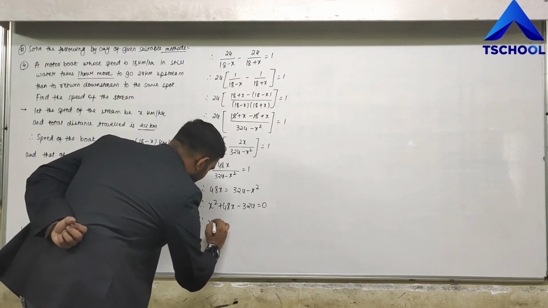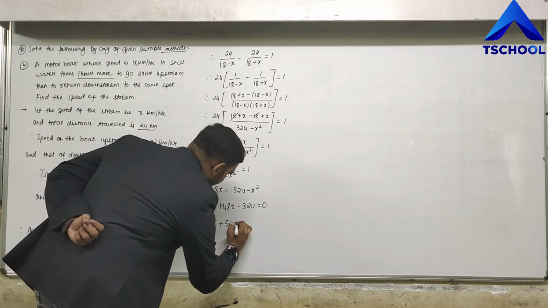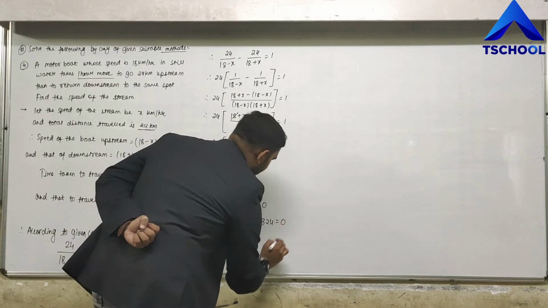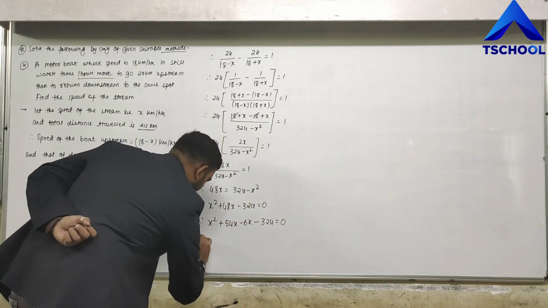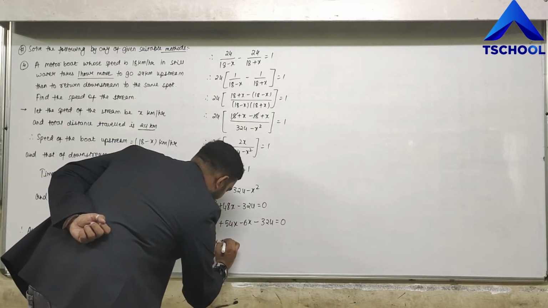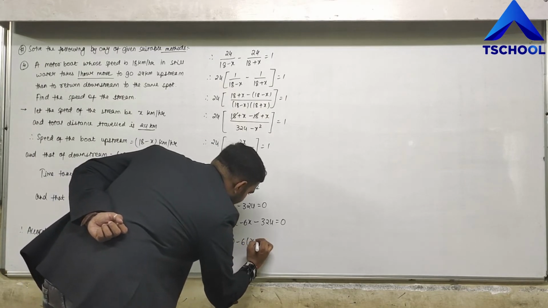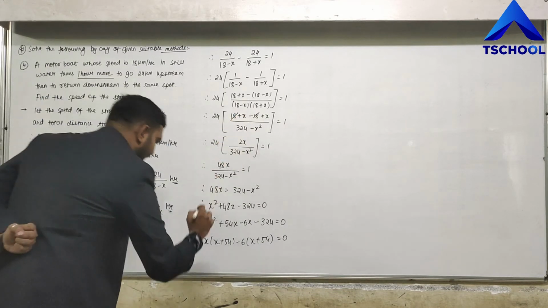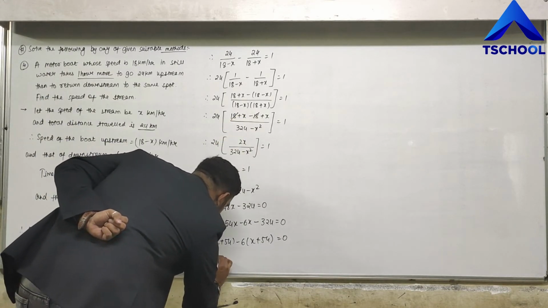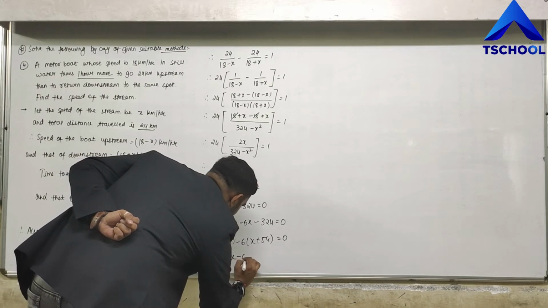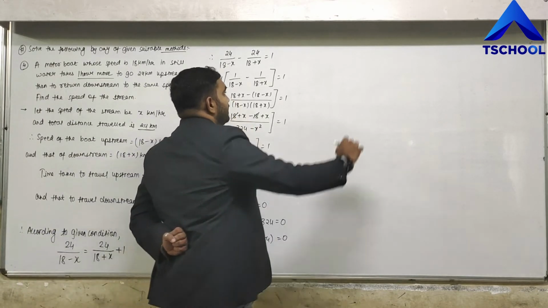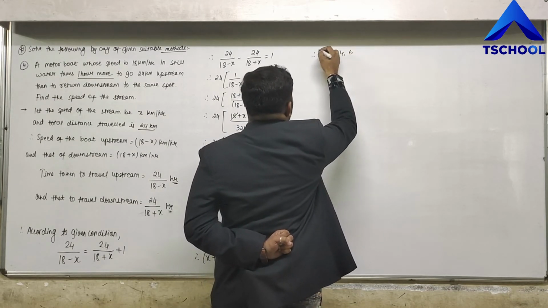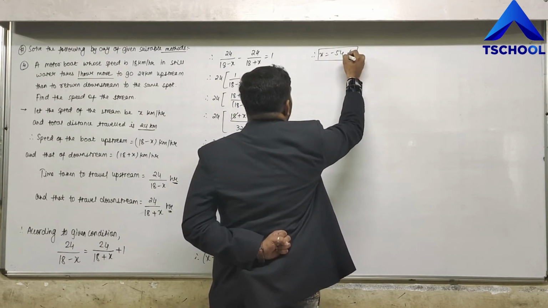So this can be written as x square plus 54x minus 6x minus 324 is equal to 0. That is x into x plus 54 minus 6 into x plus 54 equal to 0, right? And that gives me the factors x plus 54, a common factor, into x minus 6 is equal to 0. Hence x equals minus 54 or 6.